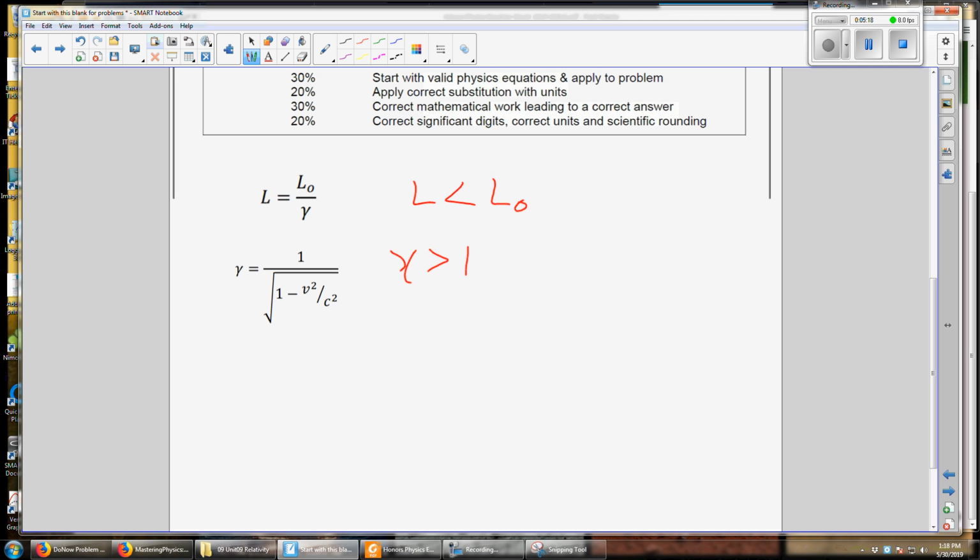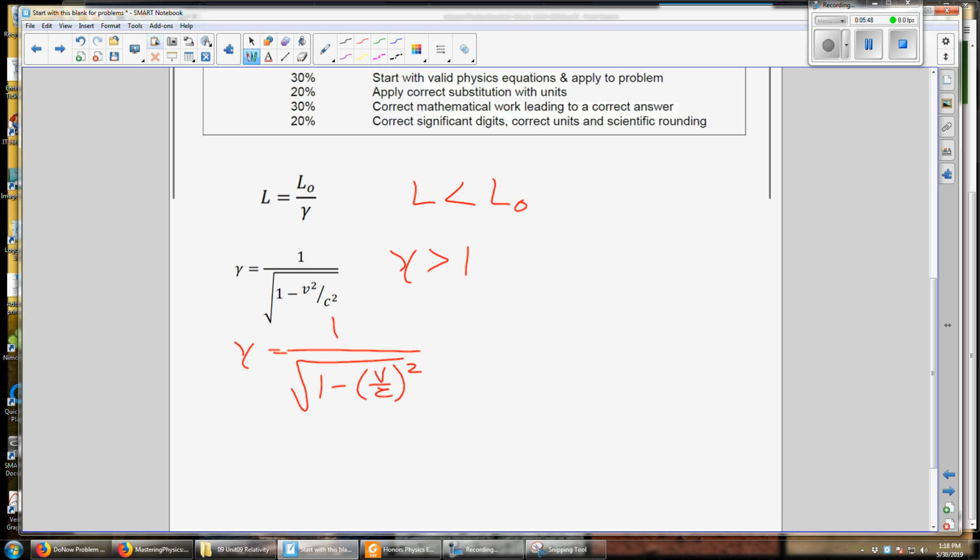And for problems like this, I tend to think of gamma this way. Gamma, I rewrite it as 1 over the square root of 1 minus, and I group v over c together rather than keeping them separate. Because when they ask me for the velocity in terms of the speed of light, I think of finding the variable v over c.